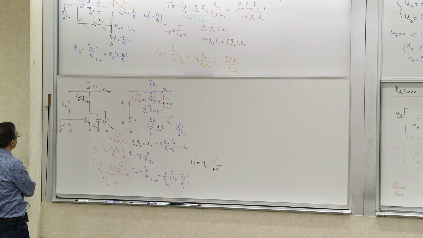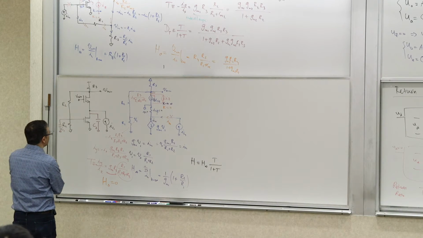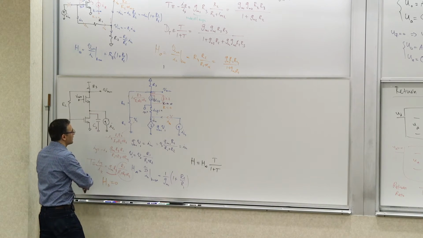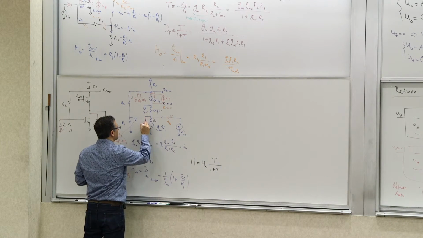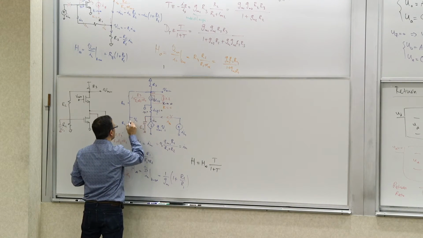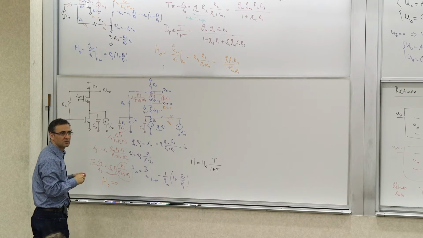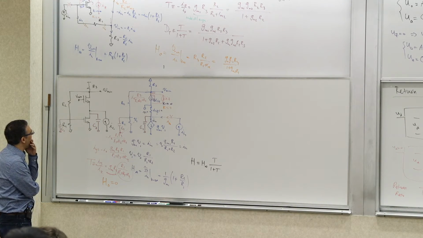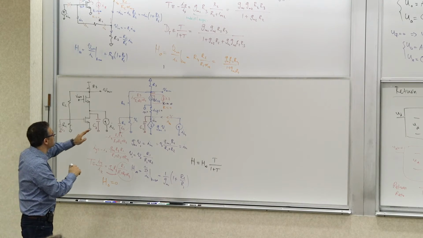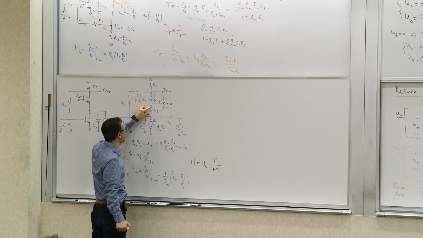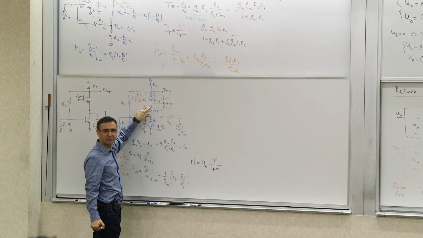Let's see how our calculations change if we do this. Starting with the most important calculation, which is H infinity. Basically, now we have a capacitor here, C2, and a capacitor here, C1. What happens when k goes to infinity is that this voltage and this current are still forced to be 0, both the current and the voltage.